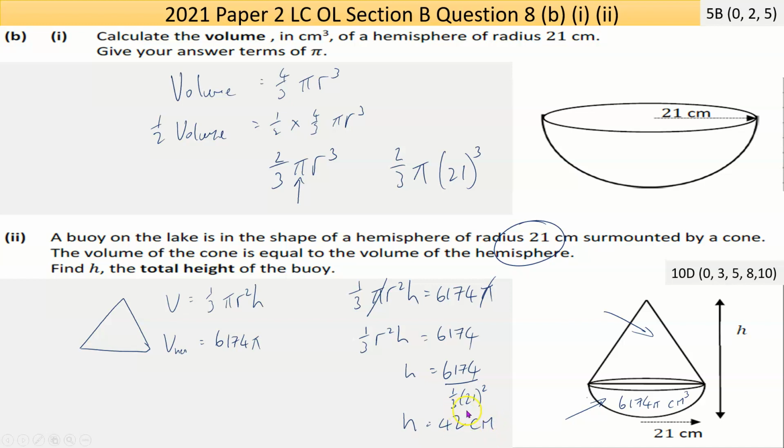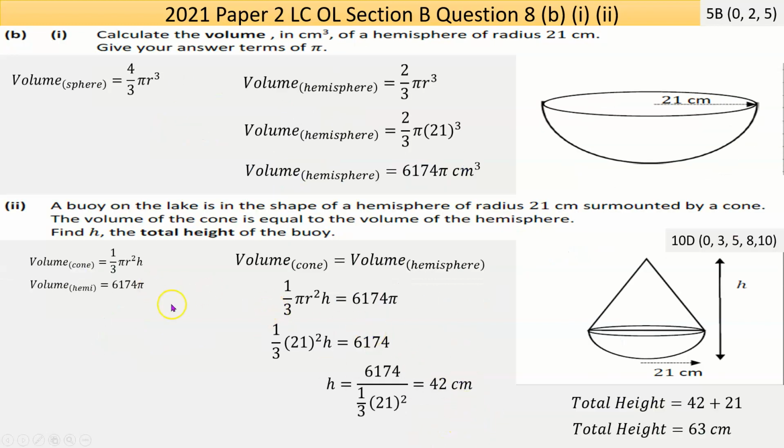And that's it. So if you see there, that's the same basic chunk of work I've just done on the far side. Now, I've also just realized I didn't answer the question fully. I got the height of the cone, and I've just realized that it's saying find the total height of the buoy. Now, the total height, the 42 is this bit.